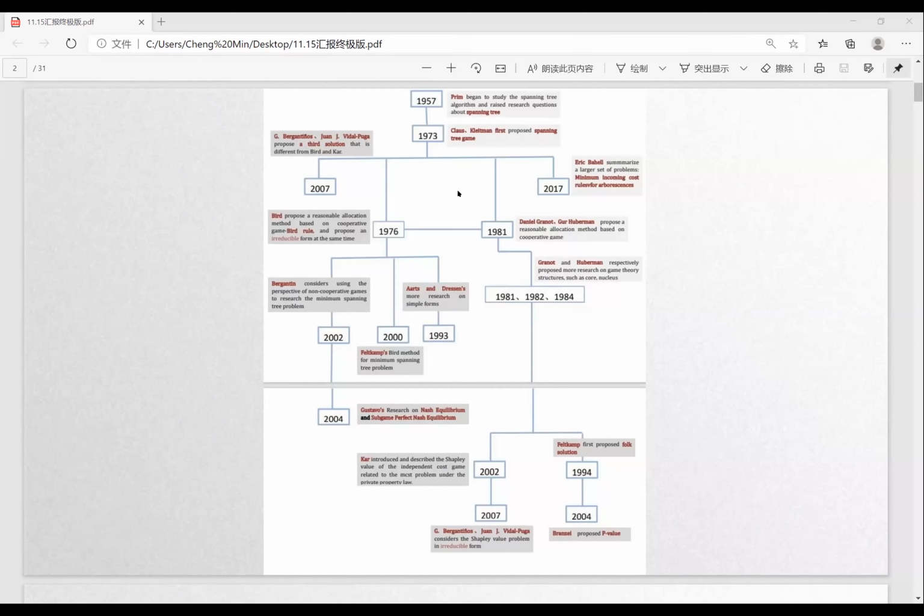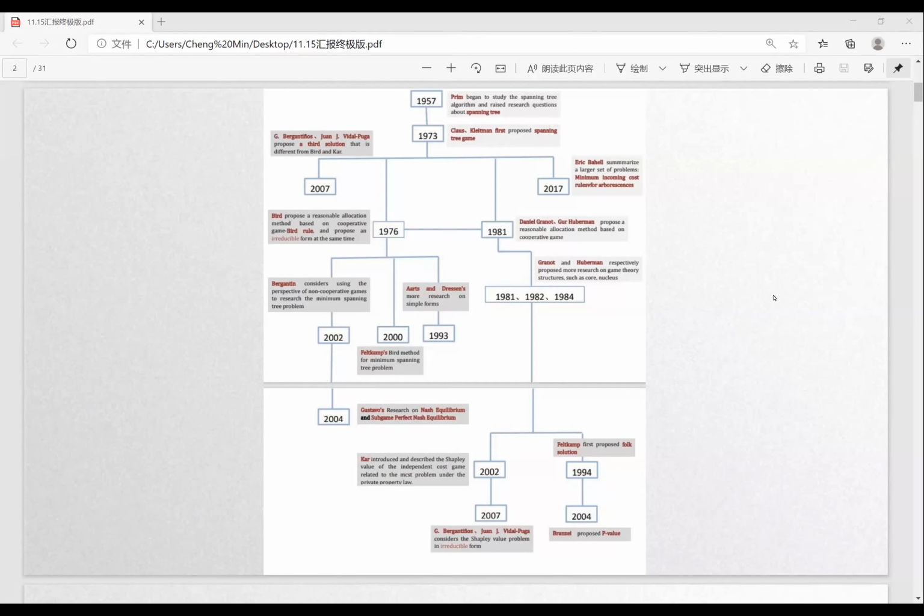Bird proposed a reasonable allocation method based on cooperative games, named the Bird Rule, and proposed a reducible form at the same time. In 1993, Aarts and Driessen did more research on the reducible form, and Bergantiños considered using the perspective of non-cooperative games to research the minimal spanning tree problem.